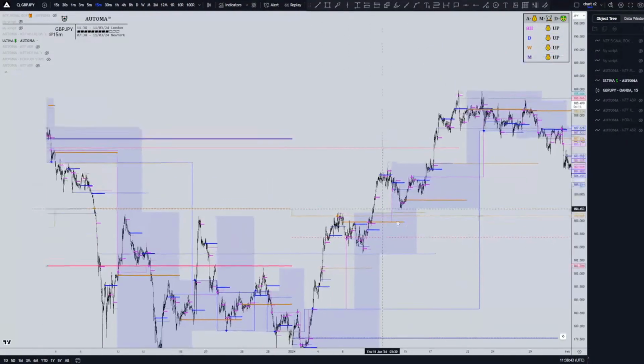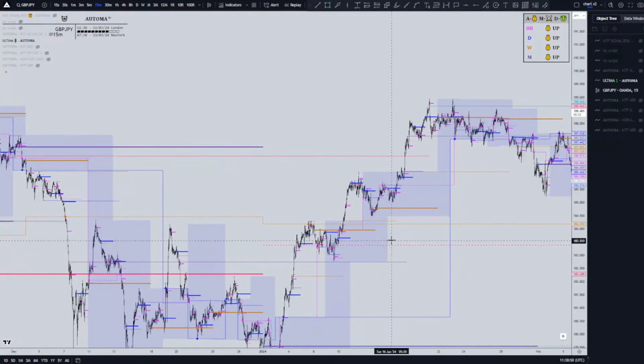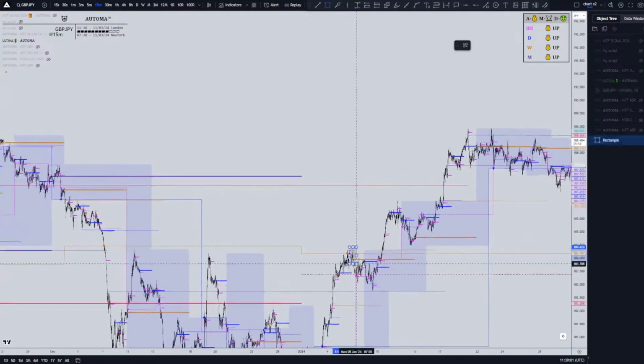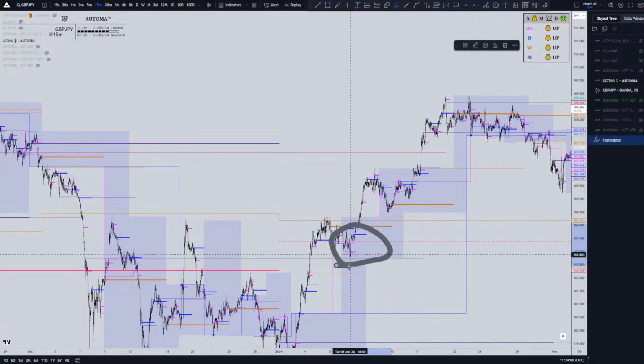Of course, as everybody knows, when we look for targets, for us it is liquidity. So if we just mark this as, oh jeez guys, come on. So that's our entry, looking for an explosive move.